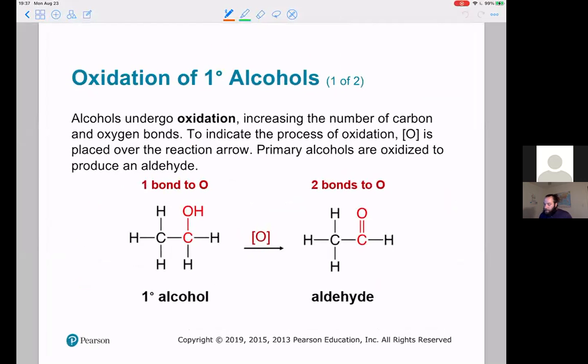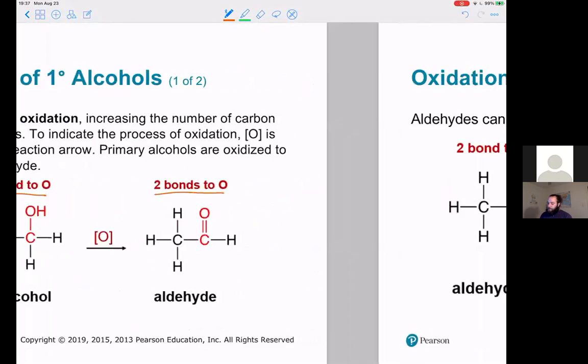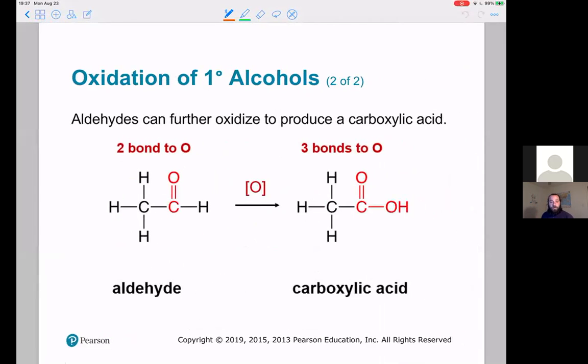Okay, so again, primary alcohols can be oxidized twice. The first time to an aldehyde. So I go from having one oxygen-carbon bond to 2 oxygen-carbon bonds. They can further be oxidized a second time, where I've gone from 2 carbon-oxygen bonds to 3, adding another OH group.